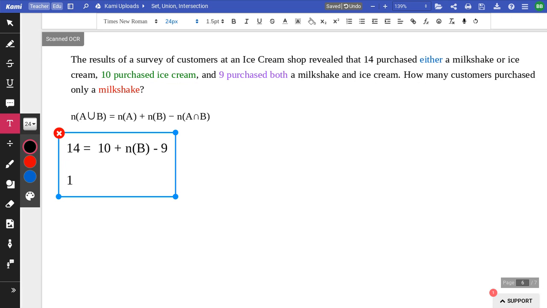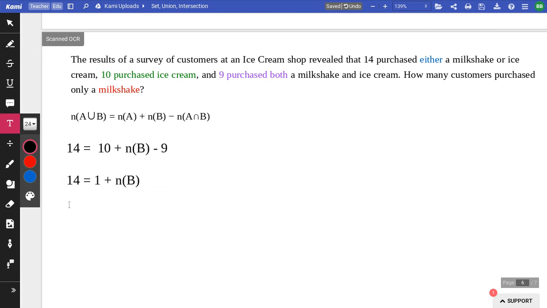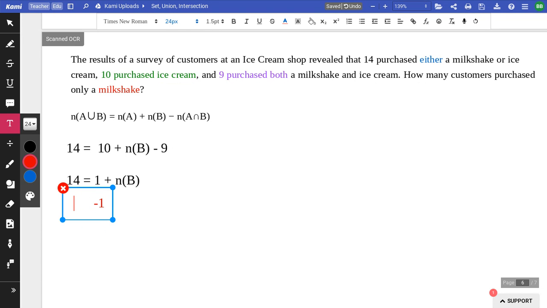So let's go ahead and combine the 10 and the negative 9. So 10 minus 9 is 1. And then we still have the N of B. Now let's go ahead and subtract that 1 from both sides. So minus 1 and minus 1.